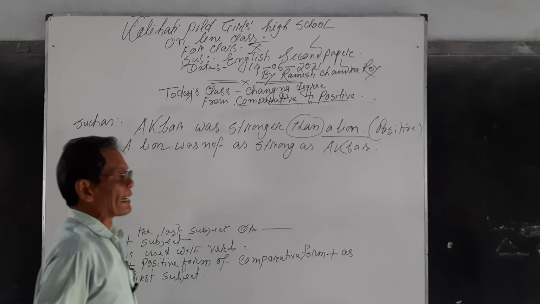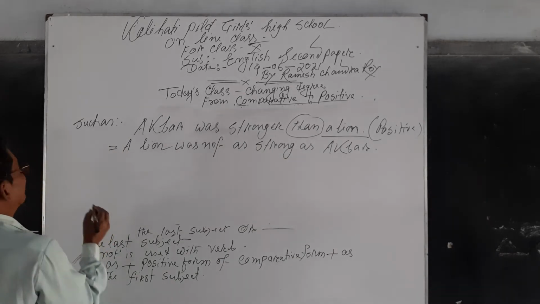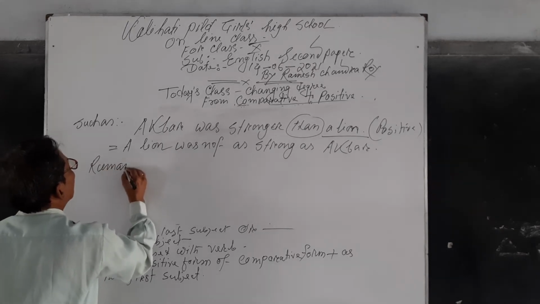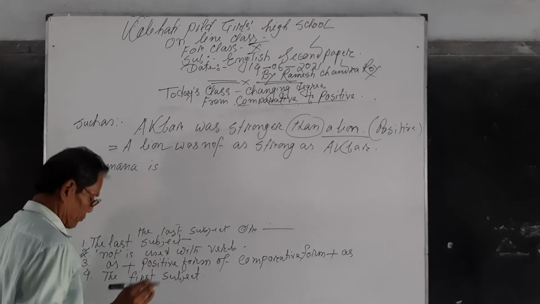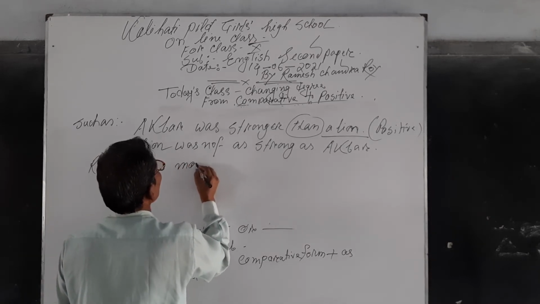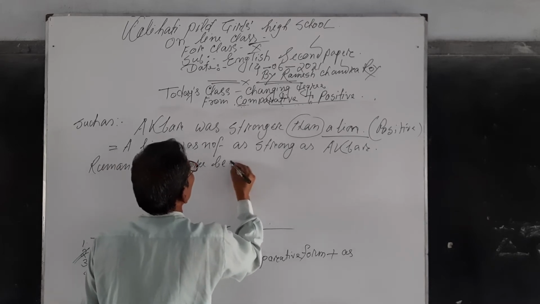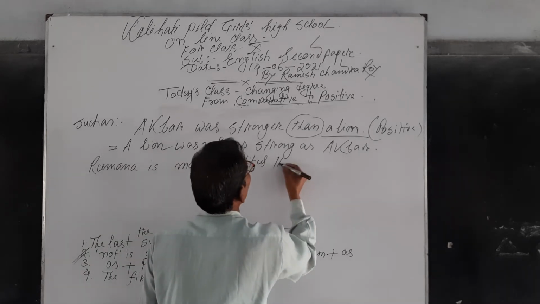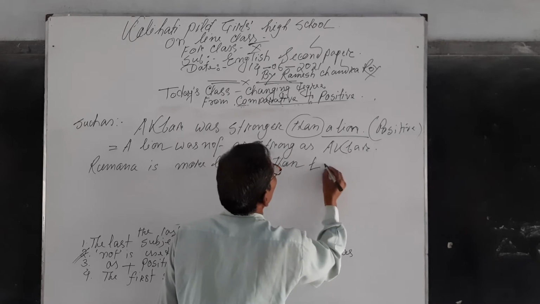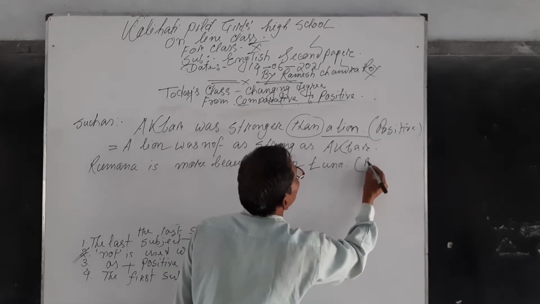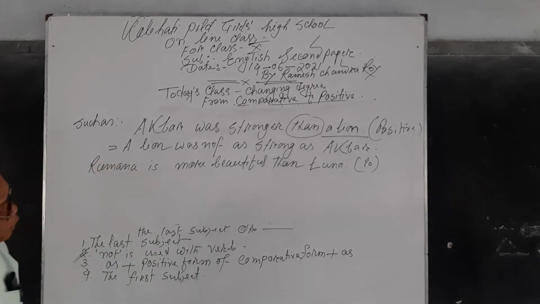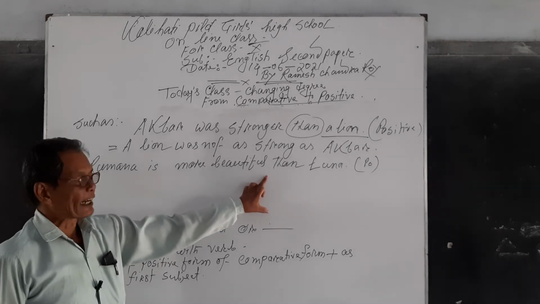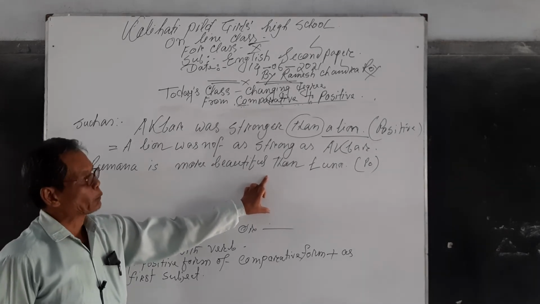Okay? But now, another example. Rumana is more beautiful than Luna. Positive. Here we can see that Rumana is more beautiful than Luna. It is a comparative sentence, but now we shall have to change it into positive form.